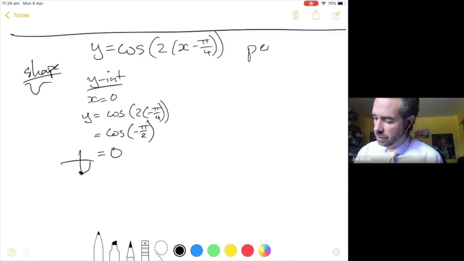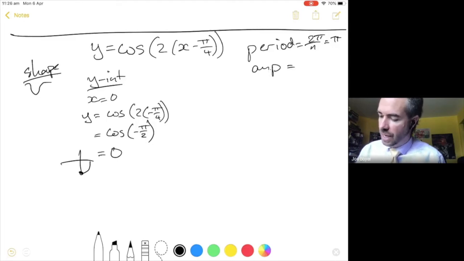What's our period? Period is equal to 2 pi on n, which in this case n is 2. So our period is equal to pi. And our amplitude is, there's no a value in this case, so our amplitude is 1. Where are our x-intercepts? Well, this one actually is already a little bit easier because we found one of them already.